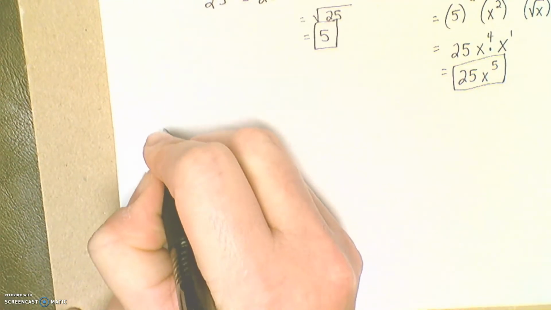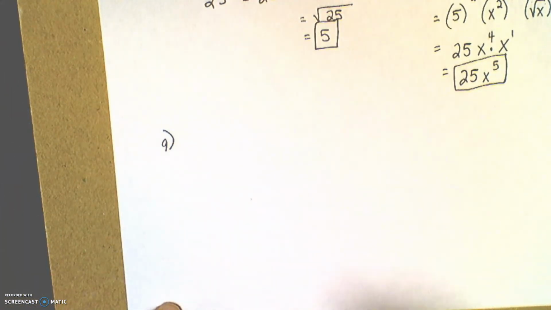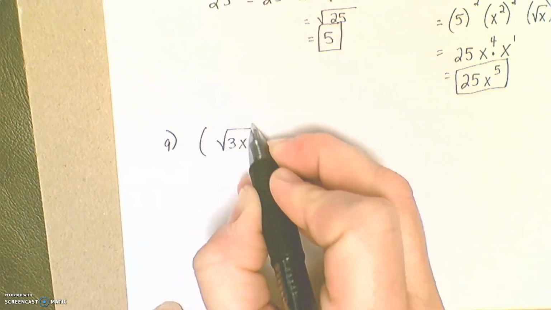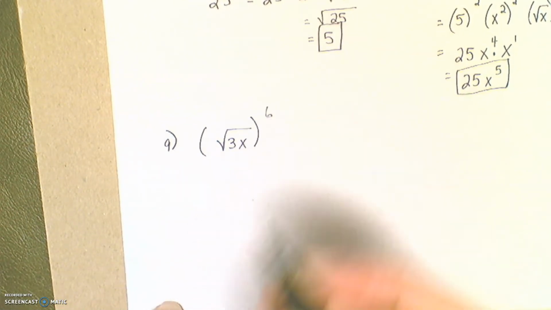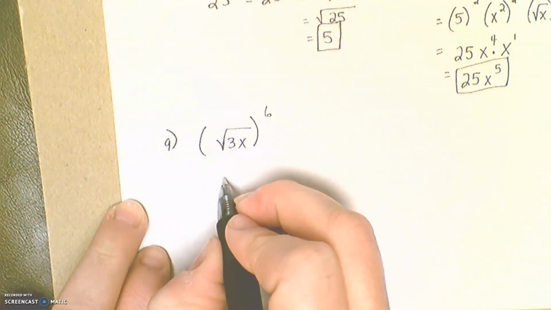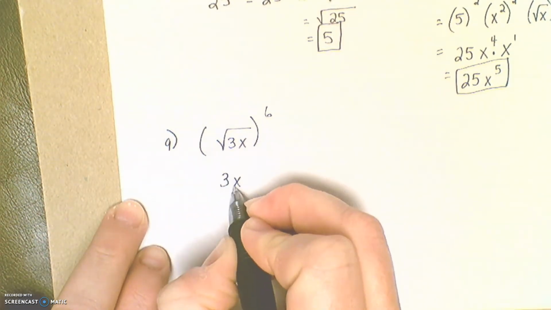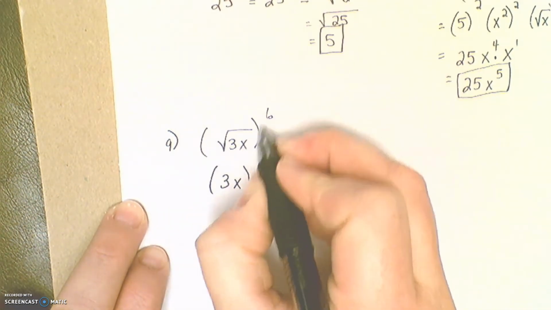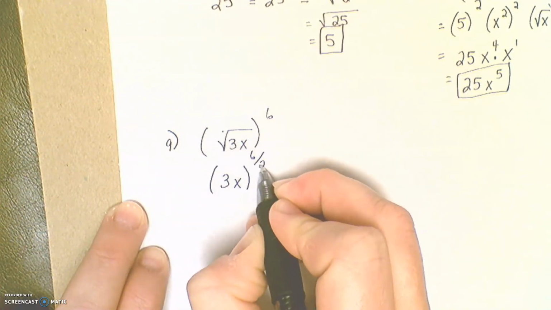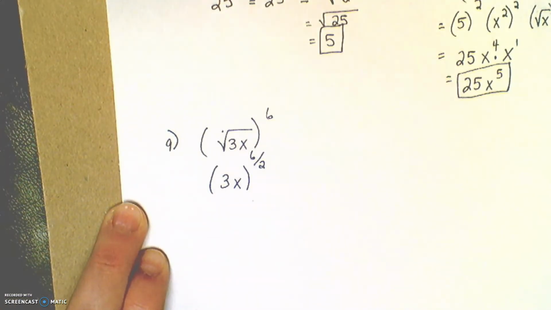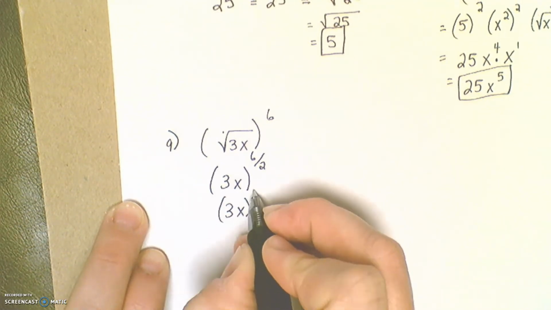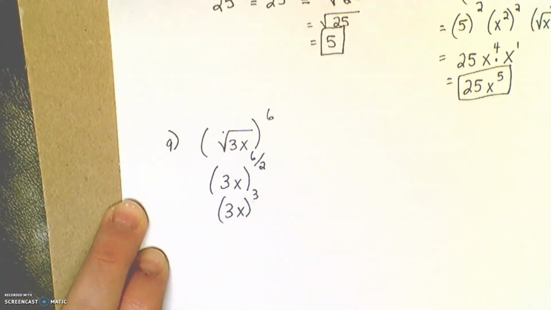Number 9. In parentheses, let's do the square root of 3x. This is raised to the 6th. Write this using rational exponents. 3x, exponent over the index square 2. 6/2 reduces to 3. 6 divided by 2 is 3.